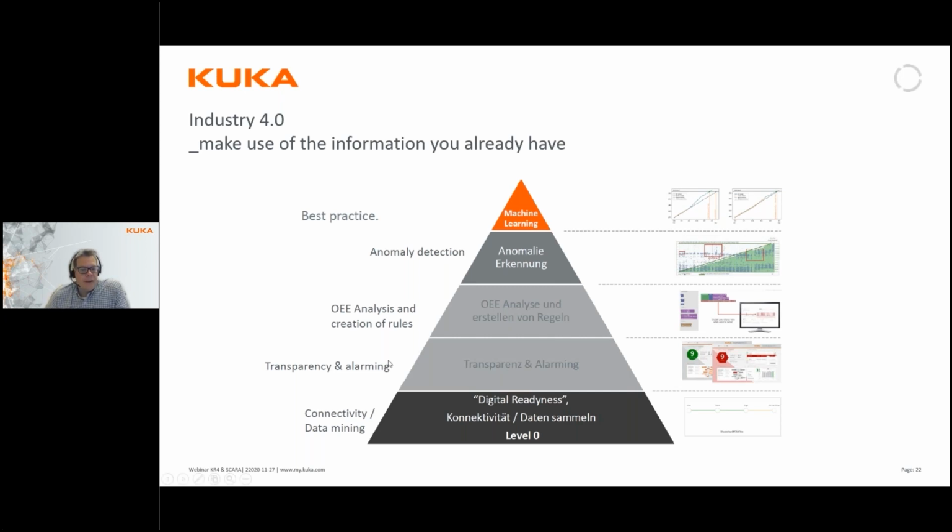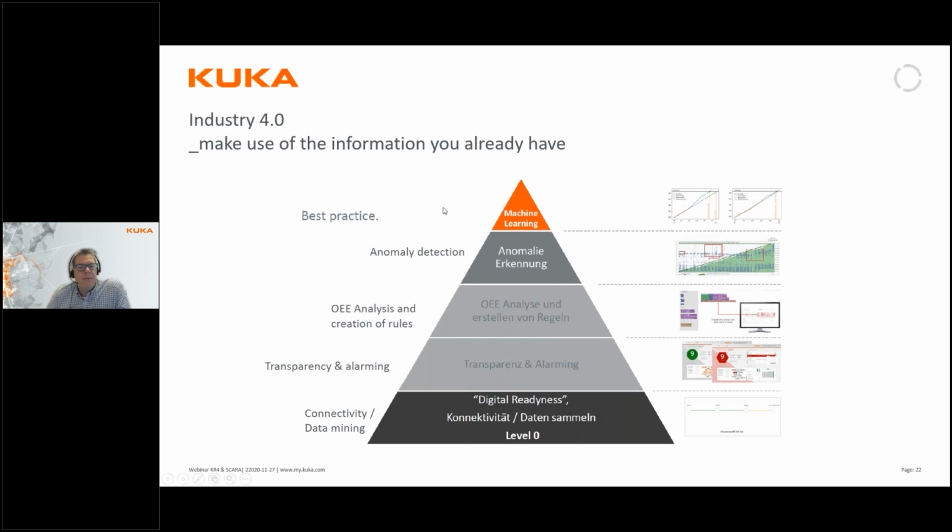And then starting to get some transparency of the operational factors in your or your customer's production. Alarming, availability analysis. And after that, start building knowledge about the production in terms of anomaly detection. Something is not quite as it should, but it's not an error yet.